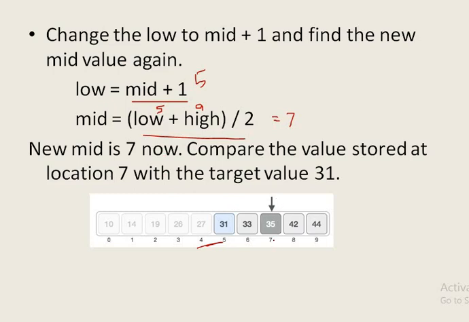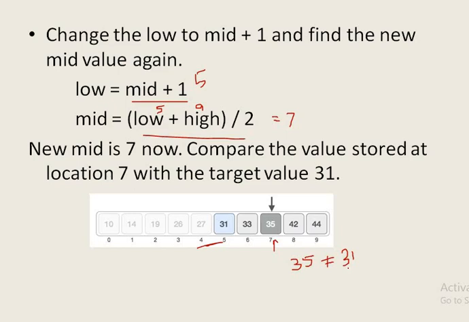Again, we have to compare the element at position number 7 with the element to be searched, that is 31. So, a comparison is made, that is whether 35 is equal to 31 or not. Now, we can see that it is not matching, that is 35 is not equal to 31.